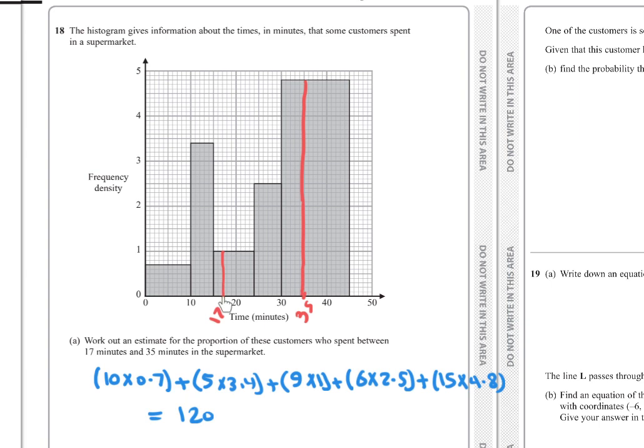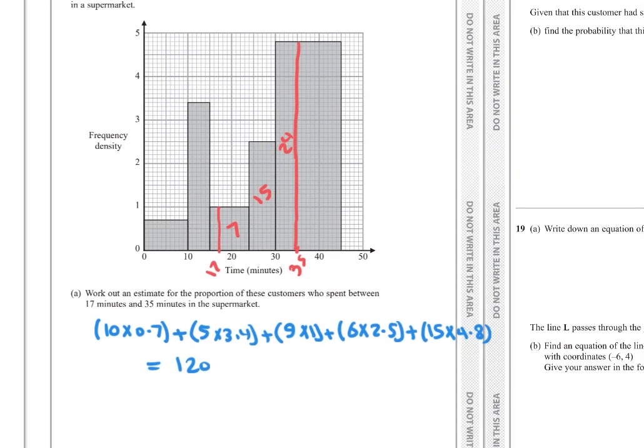First, from 17 to 24, we have 7 times 1, so this region is 7. And from 24 to 30, we have 6 times 2.5 which is 15. And the last one, from 30 to 35, we have 5 times 4.8 equals 24.